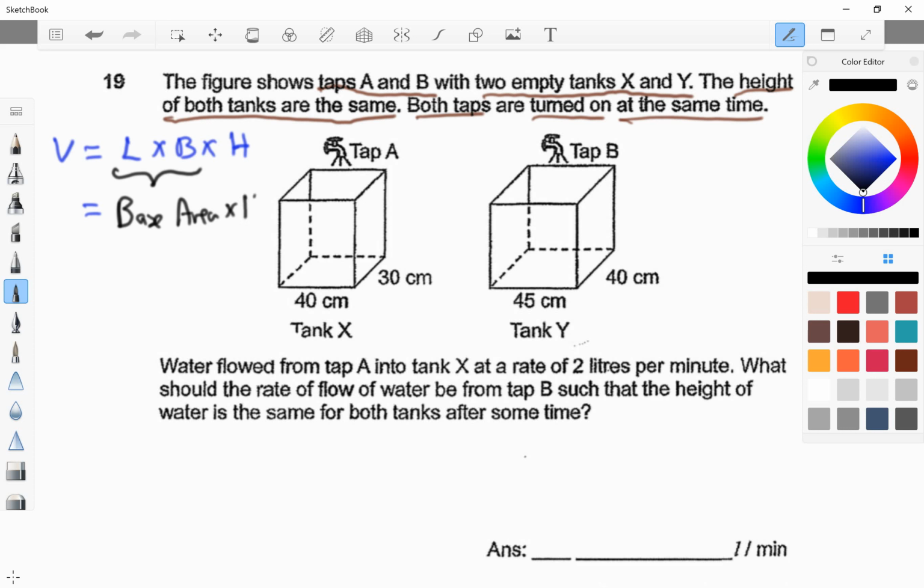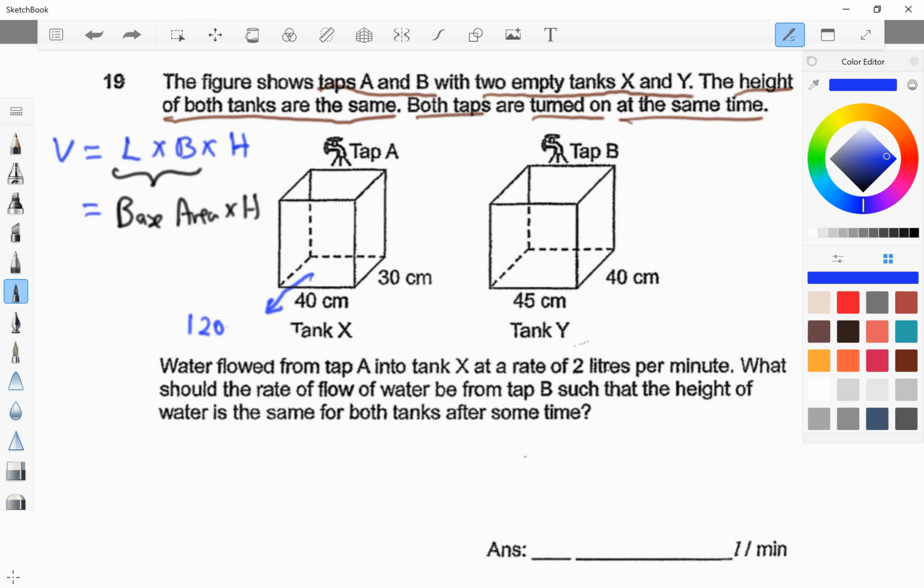If you realize carefully, the base areas for tank X and Y are different. For tank X, it's actually 40 times 30, which gets us to a base area of 1200.